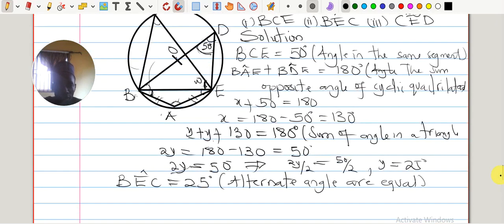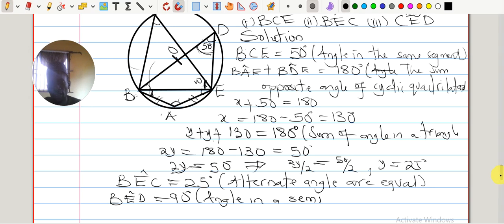Now when you look at this one, my O here is angle in a semicircle. I can say BED is equal to 90 degrees. Reason: angle in a semicircle is 90 degrees, right?